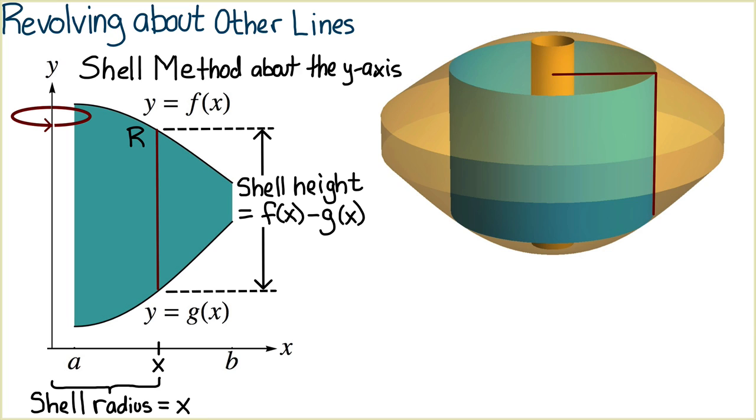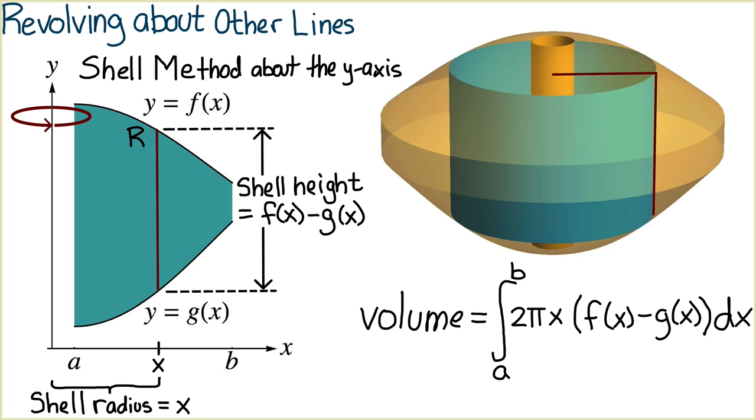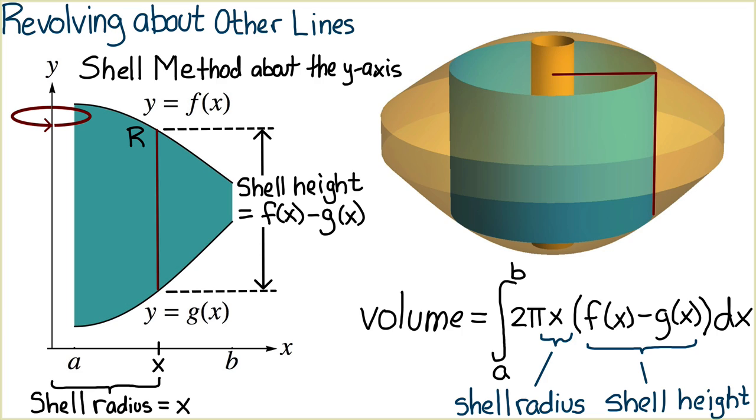And recall that the shell method says that the volume of the solid is equal to the integral from a to b of 2 pi x times f of x minus g of x, where x is the shell radius and f of x minus g of x is the shell height.